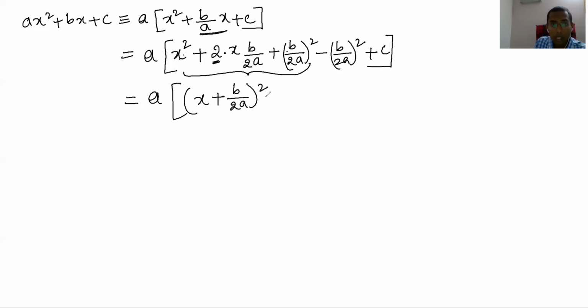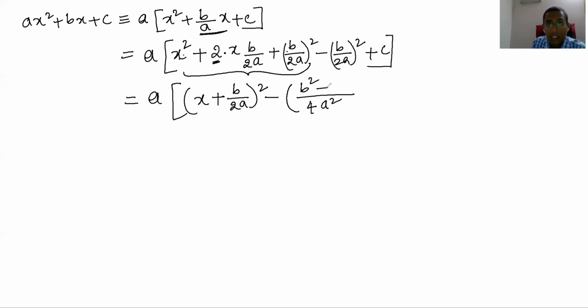This remaining part is as it is. If I take minus common, 2a whole square is 4a square, and here b square. Here only the c term remains because I have taken minus common.